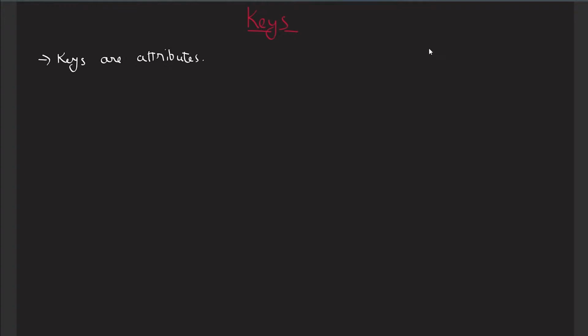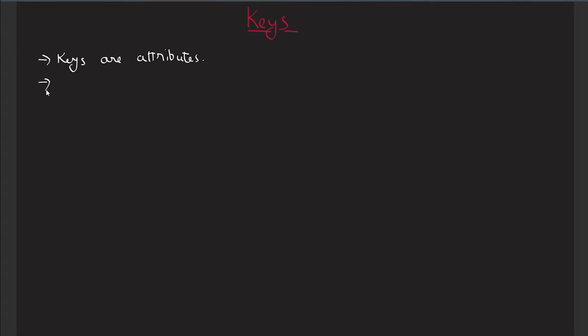For example, if there is a students table, it has attributes like ID, name, age, date of birth, phone number, address. If the table has these attributes, then we can select any attribute as the key of that table. Now key is something that will help you to identify unique records from the table.